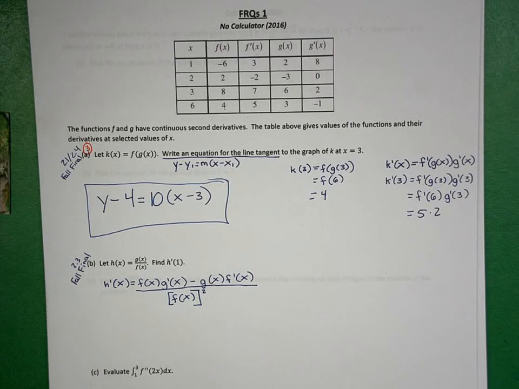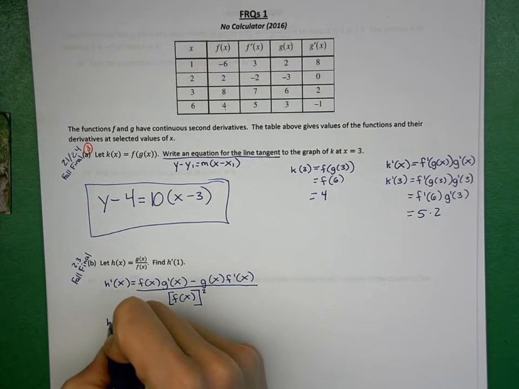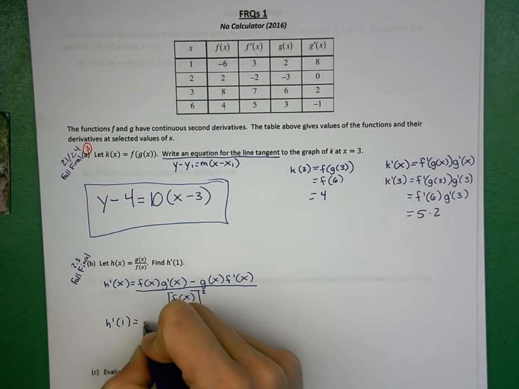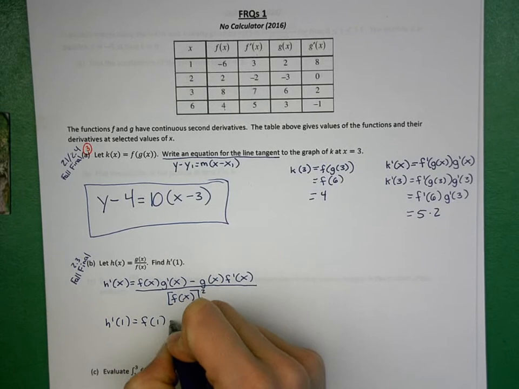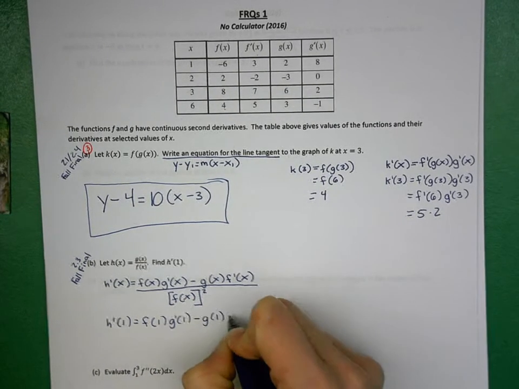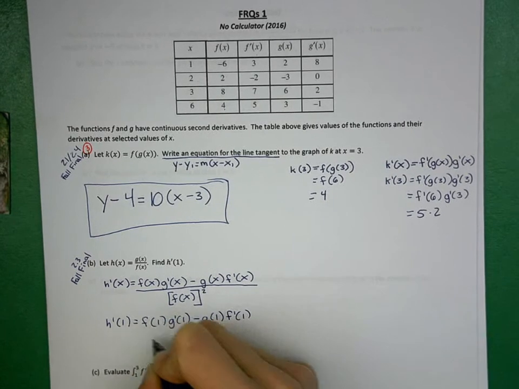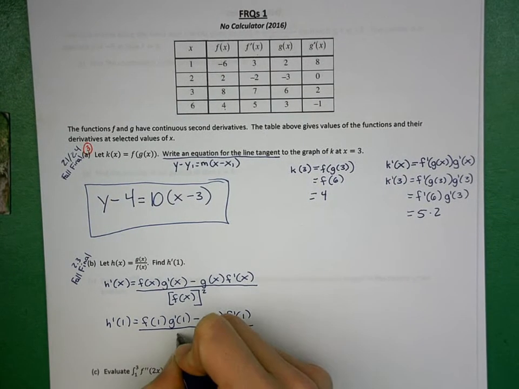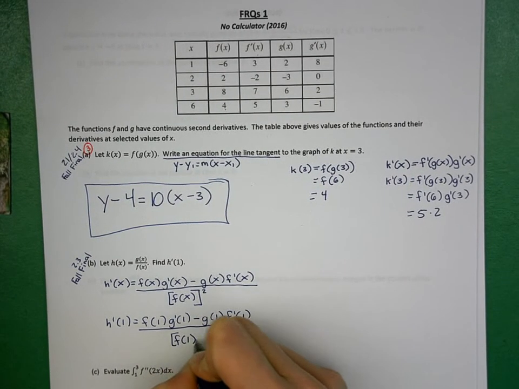Okay, that process then allows us to now plug in 1. So h prime of 1 equals my f of 1, g prime of 1, minus g of 1, f prime of 1, all over f of 1 squared.